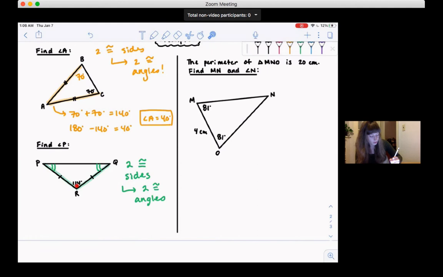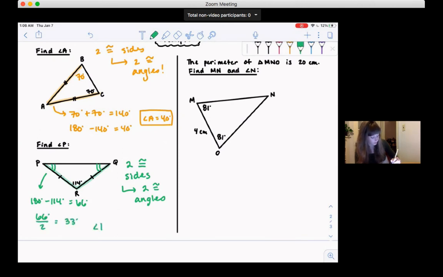We know this angle is 114, and we know that all together they make 180. So let's use triangle sum. We can do 180, take away the angle that we have, 114. That leaves us with 66 degrees. So these two angles together make 66, and they're also the same, so we can just cut 66 in half.